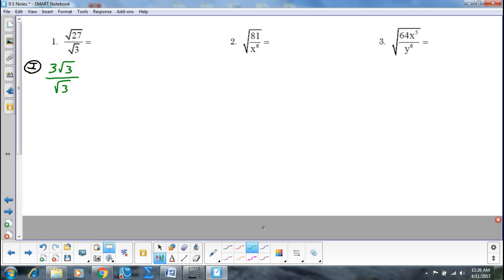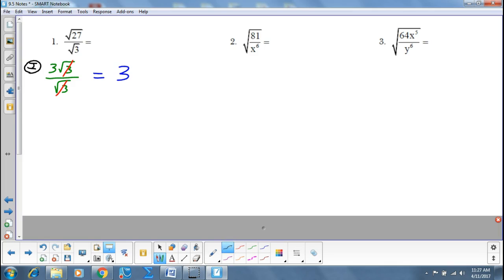And then what can we do with that fraction? Cancel what? The square root of 3. Square root of 3 divided by the square root of 3 is 1, right? So what are we left with? 3. Okay, that's one way of doing it. That worked out, that we could simplify the numerator, and then that canceled out.